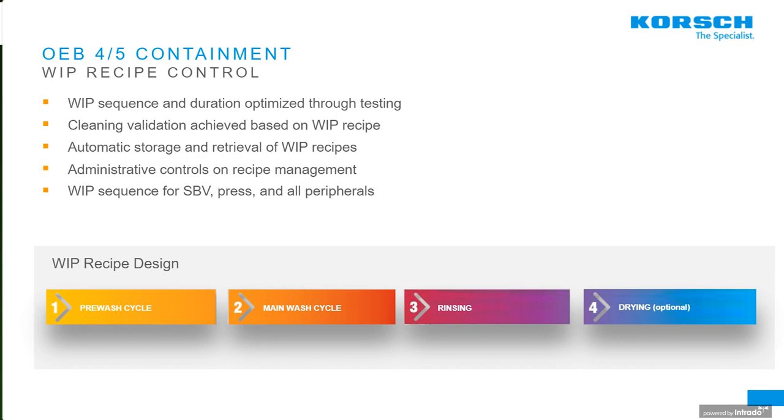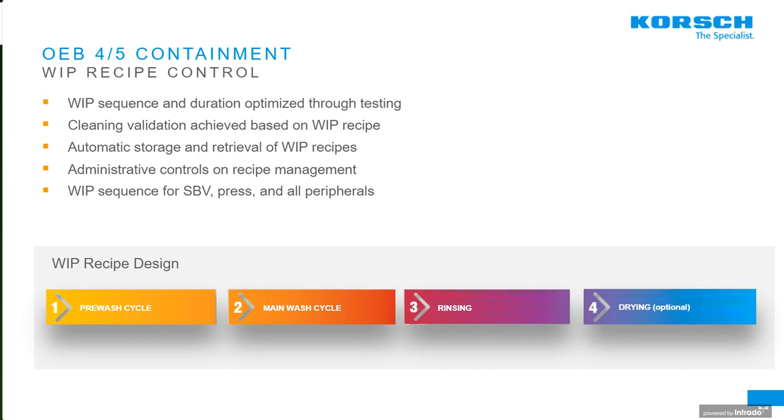The system should permit automatic storage and retrieval of the whip recipes, which may be different depending on the active and the product. Typically, there are administrative controls around the recipe management.